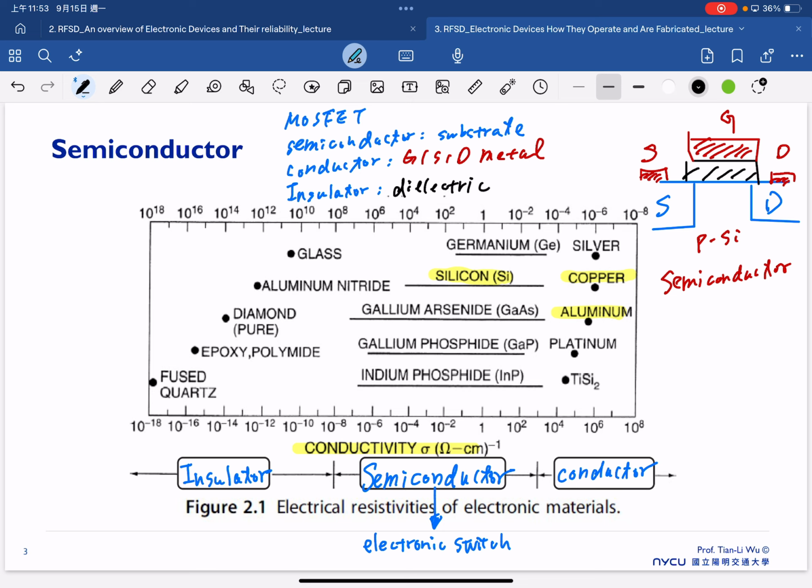In lots of cases, we use silicon dioxide. So you can see that a good semiconductor device is actually a combination of good semiconductor material, good conductor material, and good insulator material. With all these three, finally we can make a very good semiconductor device.